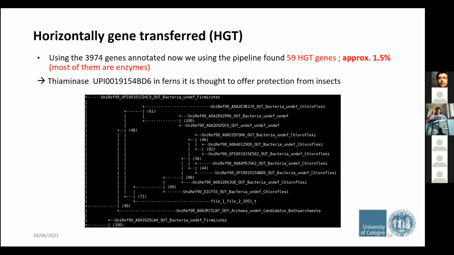We found about 1.5% of genes show HGT. Normally in asexual species it is about 2%, so it's okay. And we also provide an example here: tannase is a kind of enzyme. People found it before in fruit, a kind of plant, and it is thought to offer protection from insects. And this gene stems from bacteria.